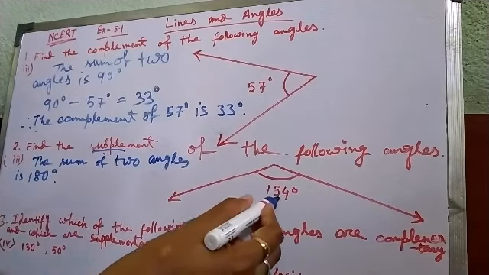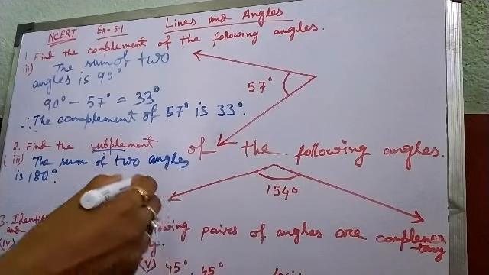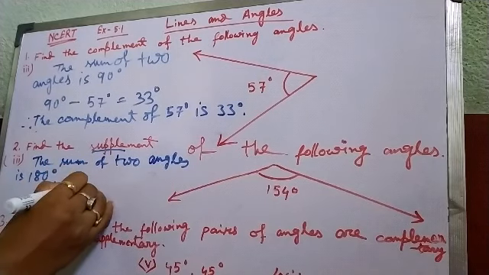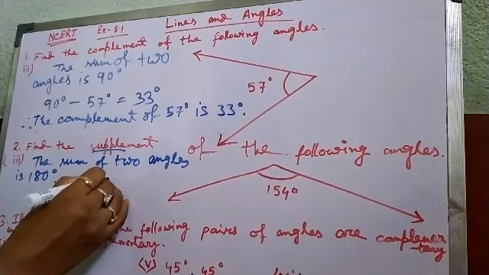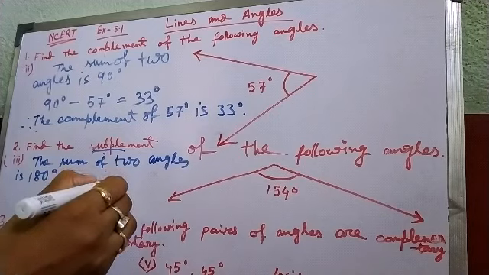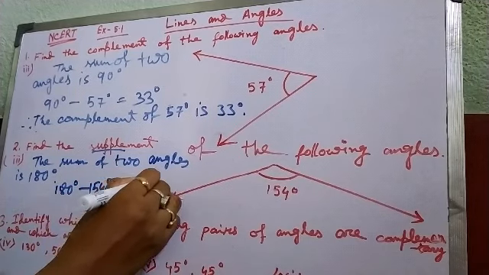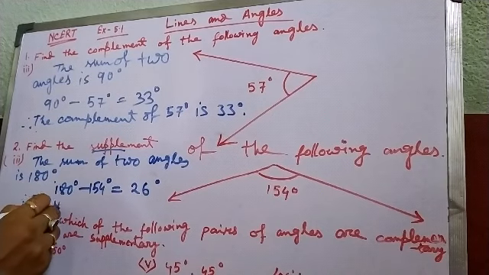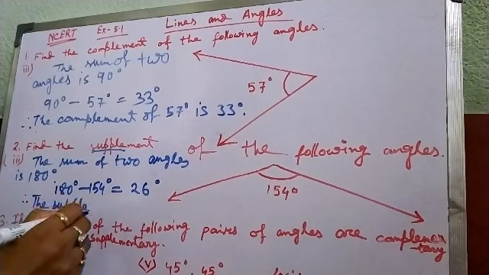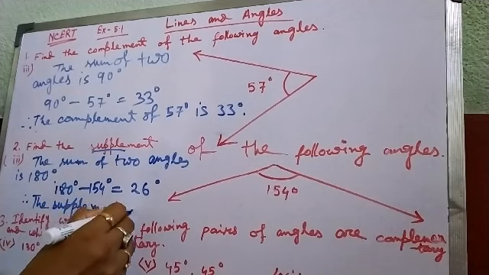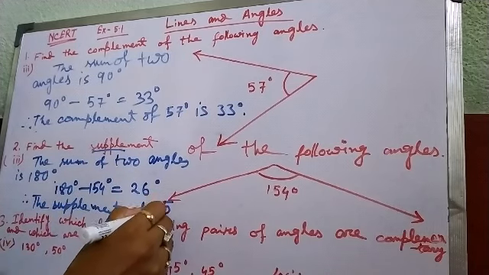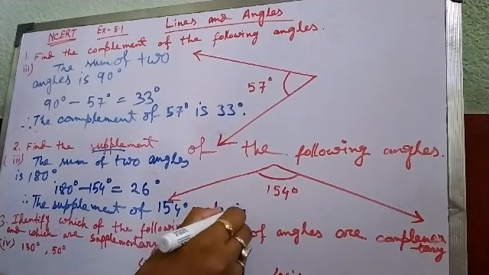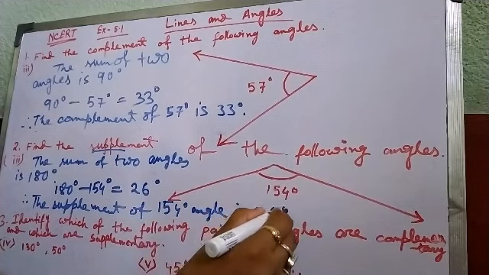One angle is given, 154 degrees, so its supplement will be 180 minus 154 degrees. That means 26 degrees. Therefore the supplement of a 154 degree angle is 26 degrees.